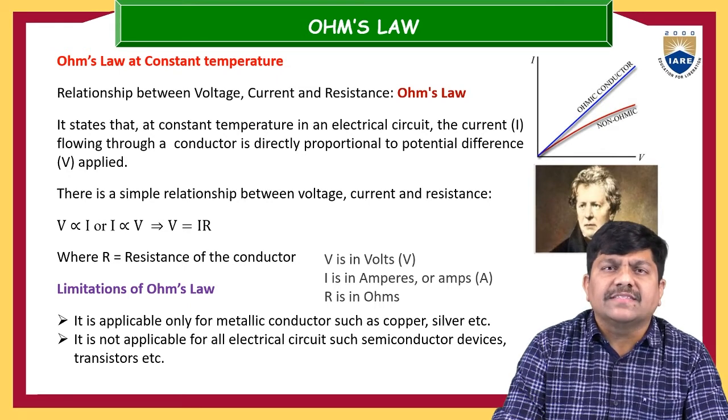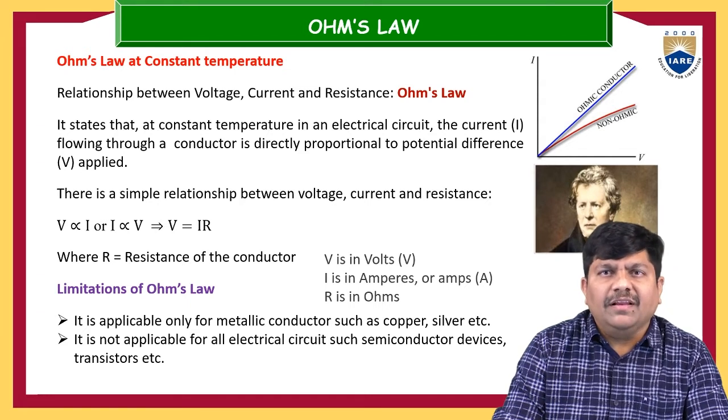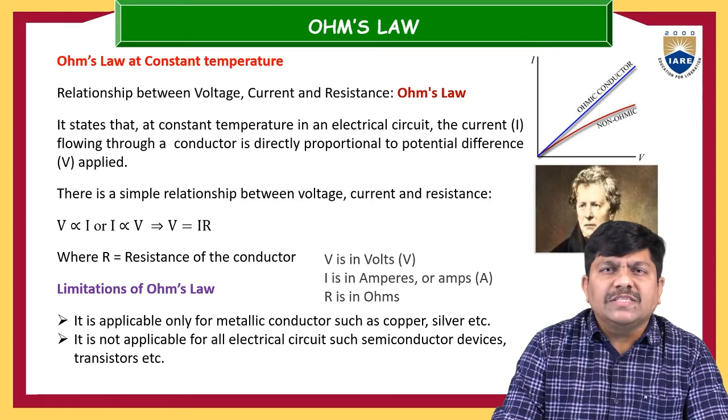So V is the applied voltage, I is the current passing through that element, and R is the resistance of that particular element. This V = I × R is called Ohm's law. So Ohm's law's mathematical relation is V = I × R.